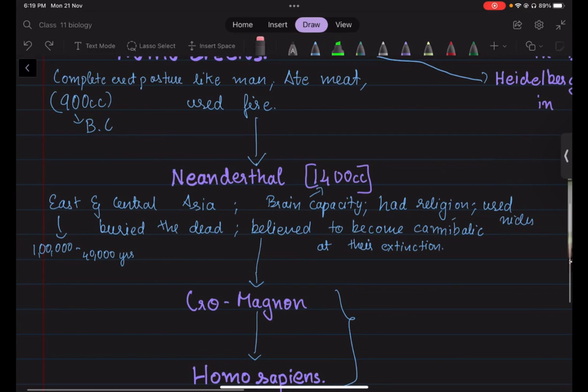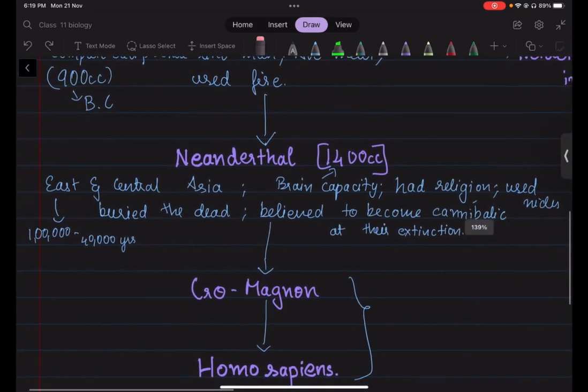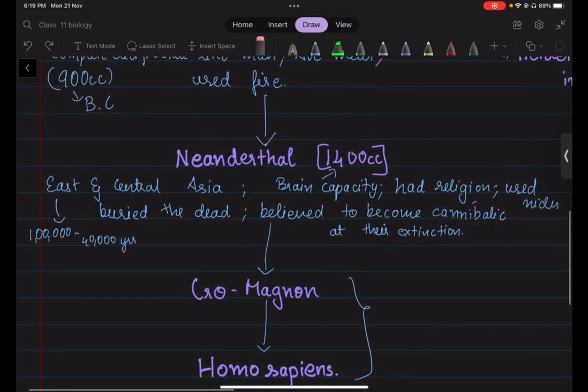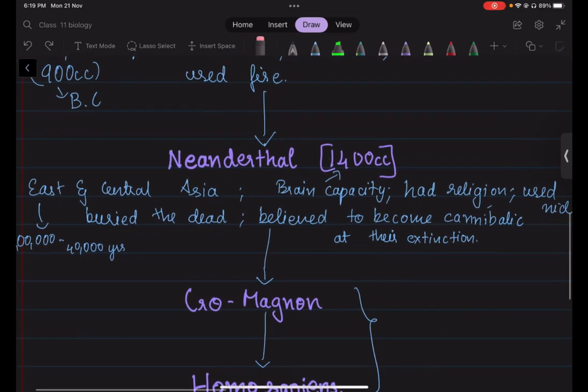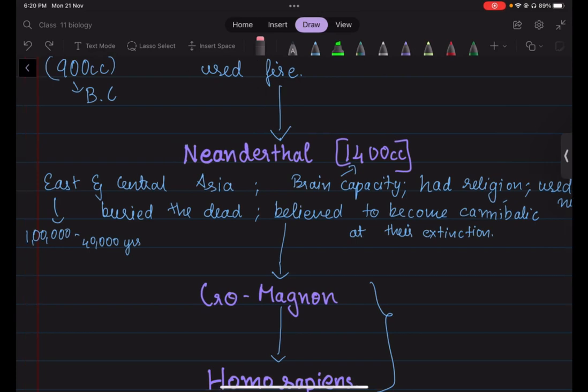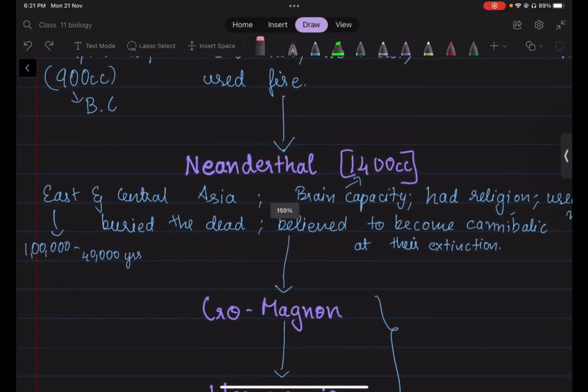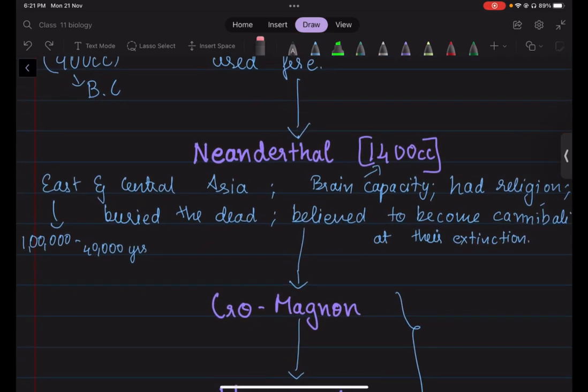They were believed to have a religion. They buried their dead and used hides to protect themselves. And when Neanderthals were on the verge of extinction, it was believed that they became cannibals because of lack of food. They lived no more than 40,000 years back.